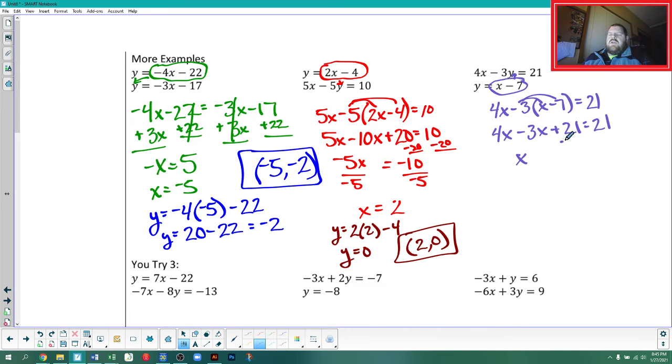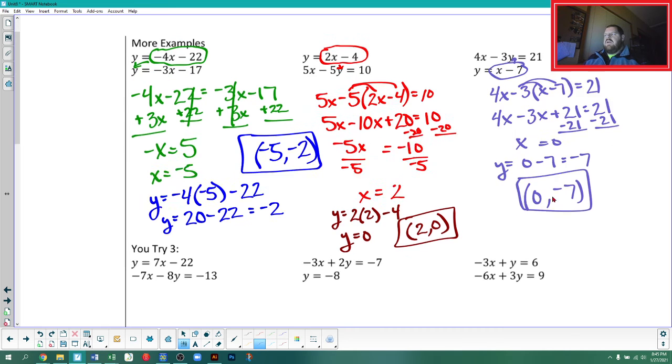Subtract 21 on both sides. 21 minus 21 is 0, so x is equal to 0. So now I'm going to use that in my second equation here that already says what y equals. 0 minus 7 is -7. So they intersect at the point 0, -7.